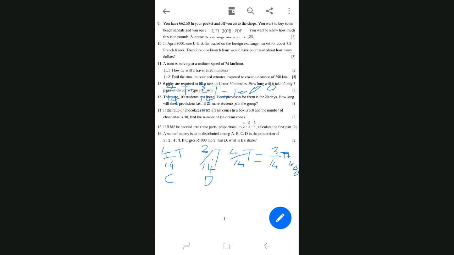So T over 14 equals to 1,000. So T will be equals to 14 times 1,000, which will be equals to 14,000.